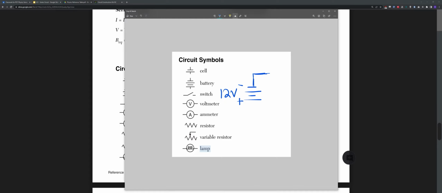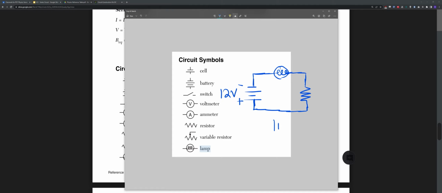I'm going to continue drawing my circuit. I'm going to draw my lamp here. The lamp is kind of like a circle with a filament. And then they have a resistor, an unknown resistor. You don't know what this resistor is. Could be a TV for all we care, but we don't really care in this situation. And so I'm going to finish my series circuit like that. There's only one path for electrons to take. This is a series circuit.